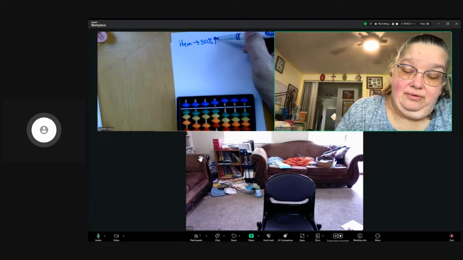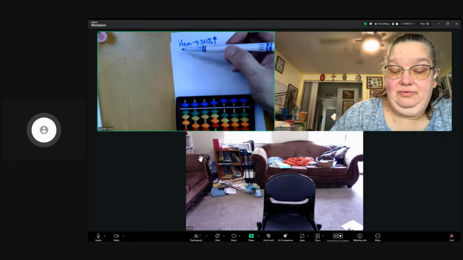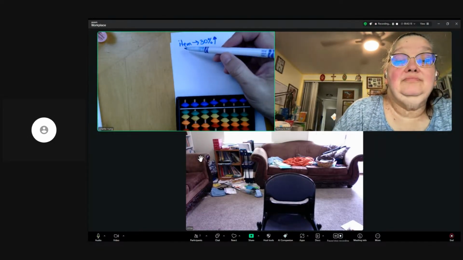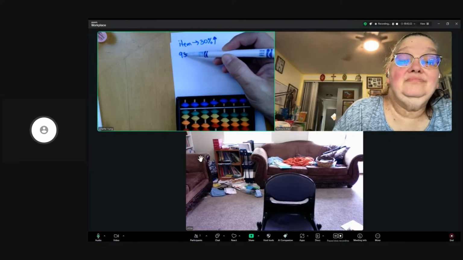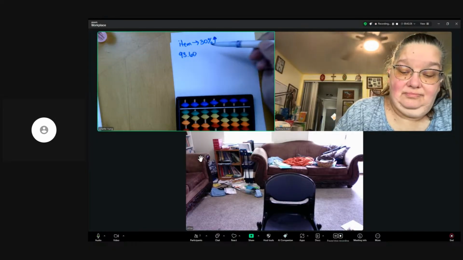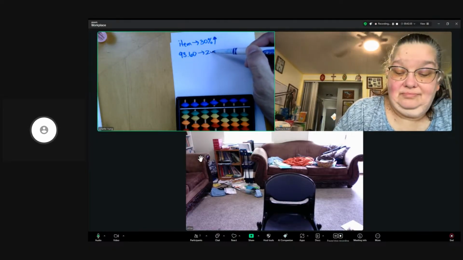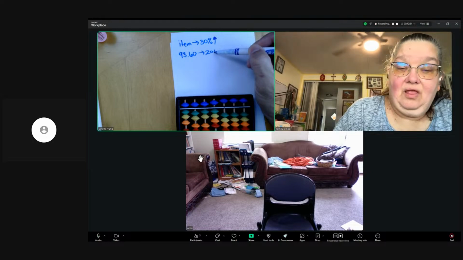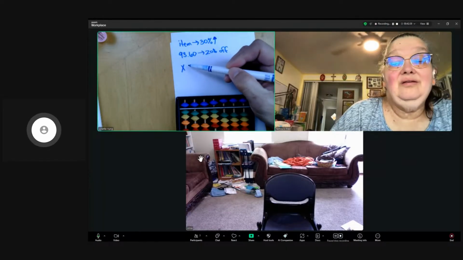So they get the item and they mark it up for 30%. A person buys the item, it is $93.60. But they got a 20% discount, right? What is the original price of the item?